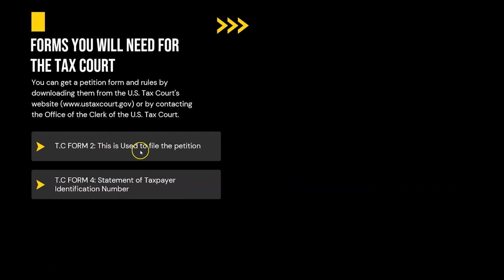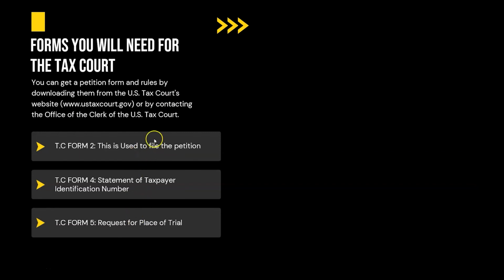So if you choose to petition the tax court, there are 3 forms that you need. You need TC Form 2. Form 2 is used to file the petition. That's what you're going to state on there for your petition. Form 4 is the Statement of Taxpayer Identification Number. Now, you need this form for privacy purposes because the tax court petition is a public document.